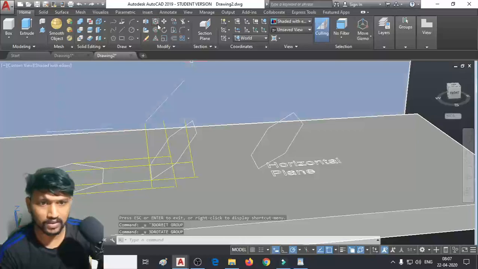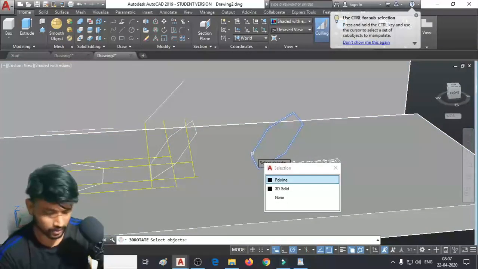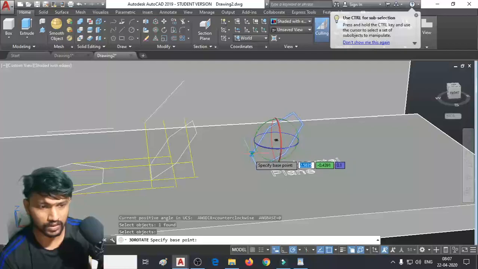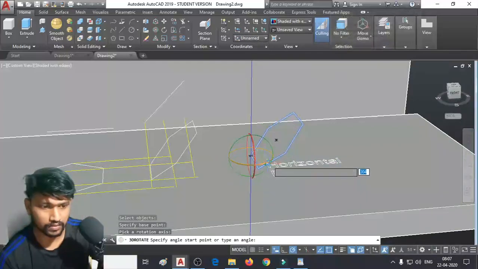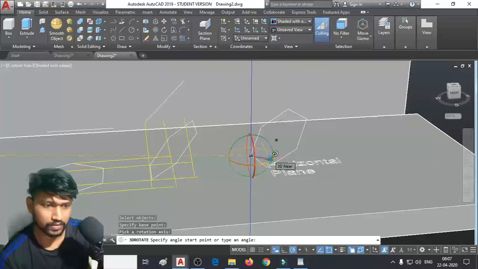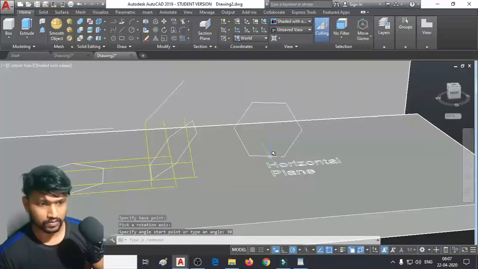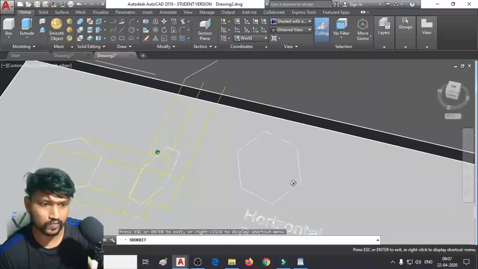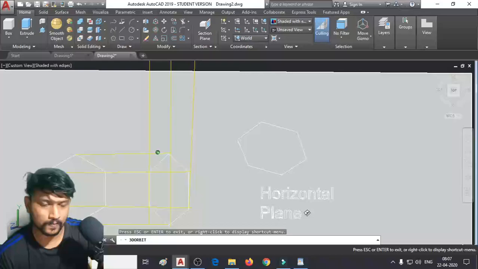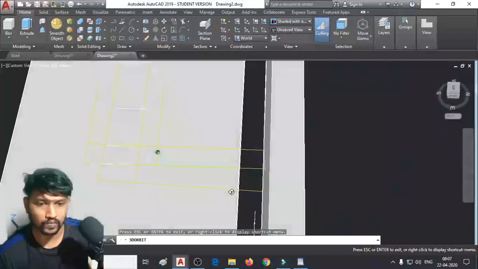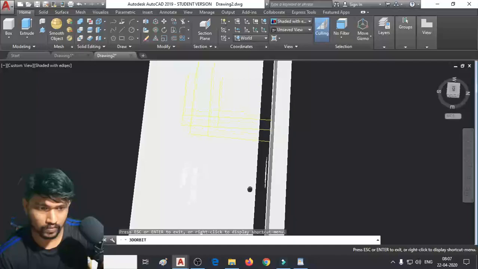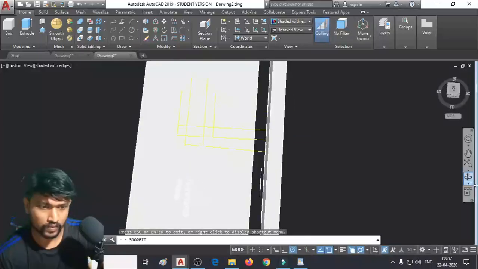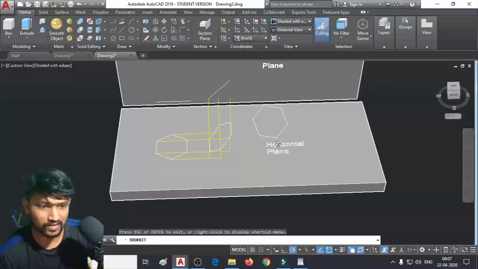A lot of time is getting wasted, so I just want to randomly rotate this one through a certain inclination. I think this one is right now making an inclination with this.